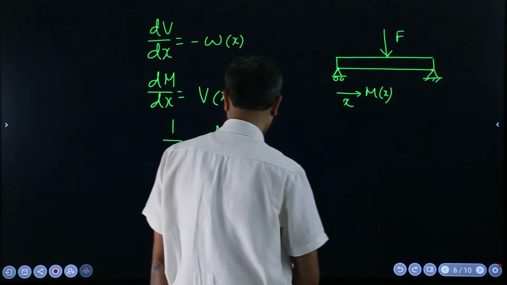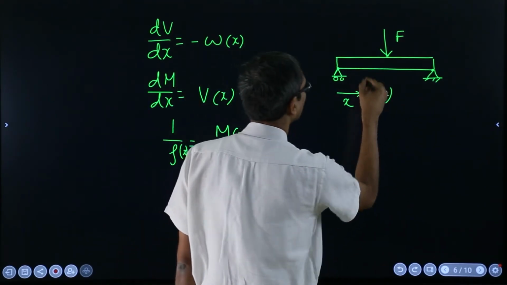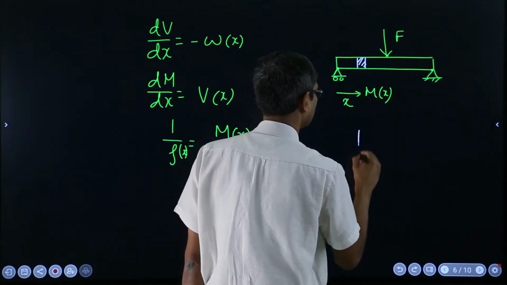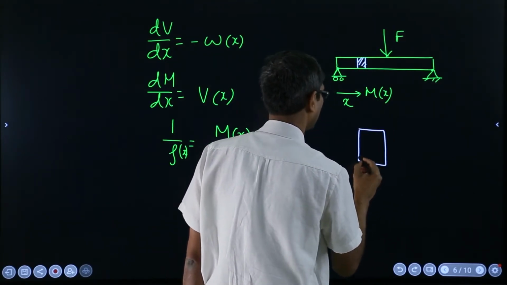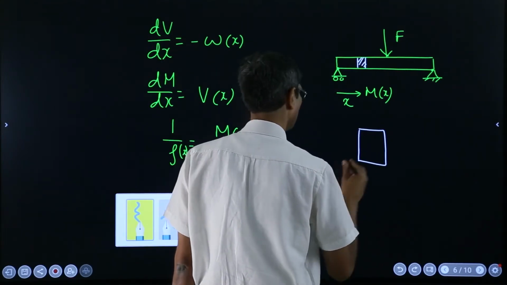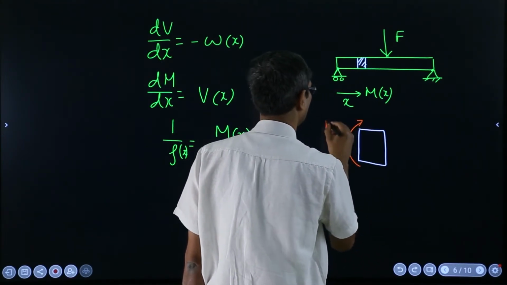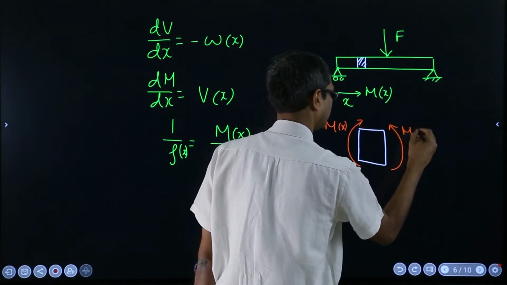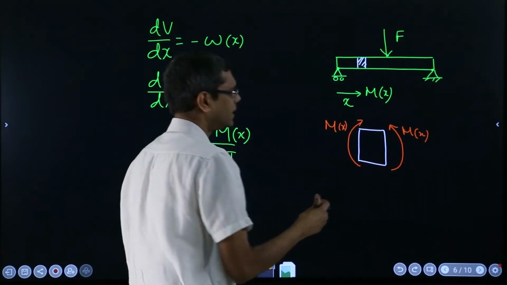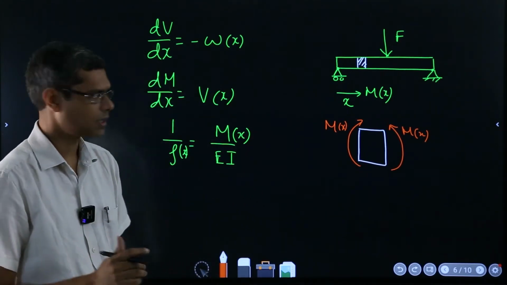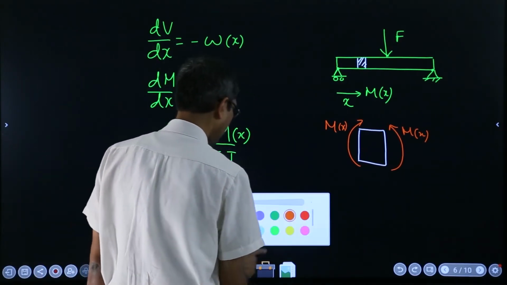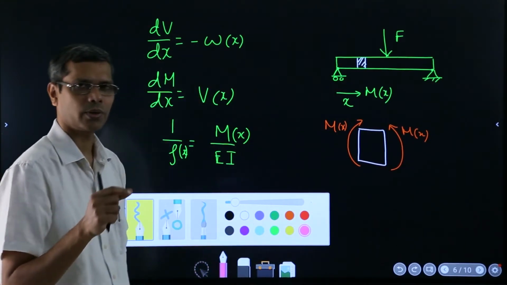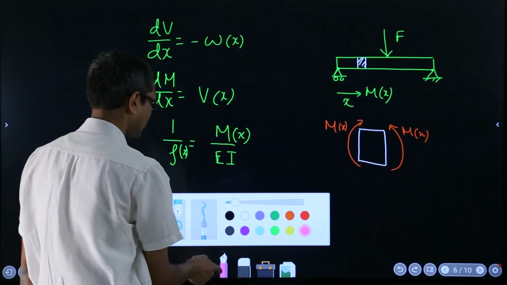If you pick a small segment here, you can consider that segment is subjected to the bending moment at that location, and under that it is taking the shape of a circle, and the radius of curvature at that location will be given by this equation.